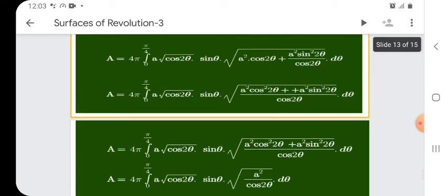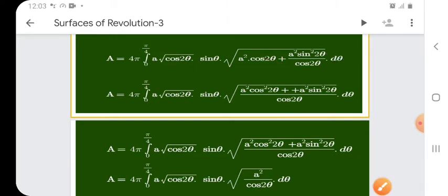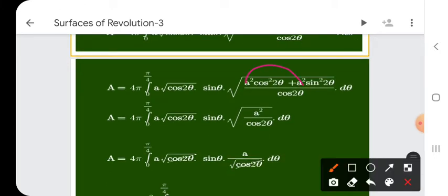Here I take cos 2 theta as the LCM, so I write cos 2 theta in the denominator. In the numerator we get a square cos square 2 theta plus a square sin square 2 theta. We take a square common, and the remaining term is cos square 2 theta plus sin square 2 theta, which is 1.